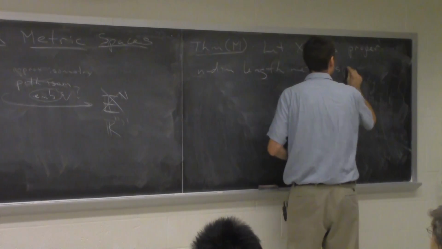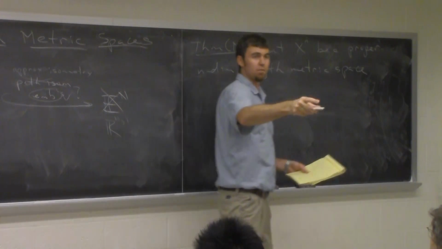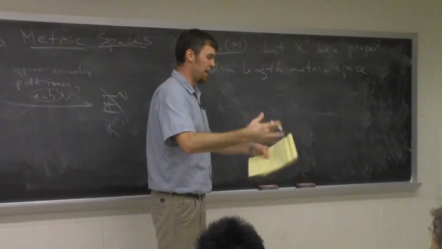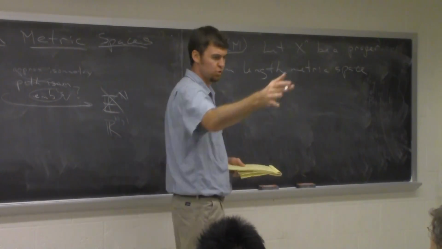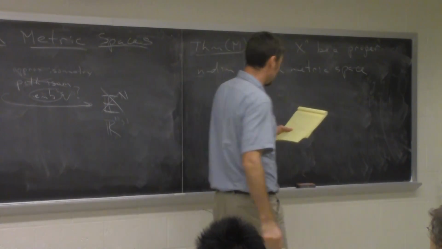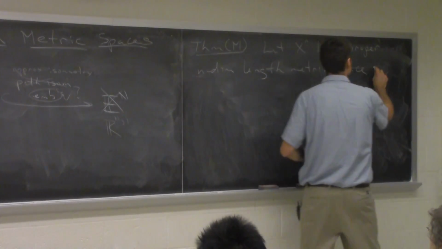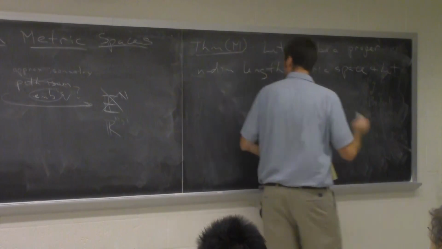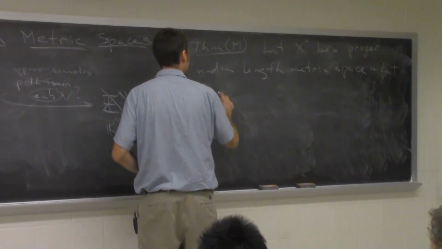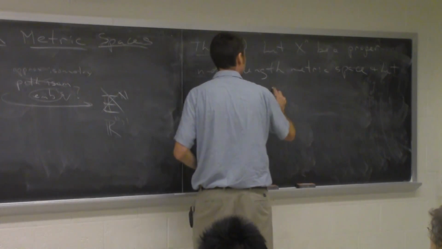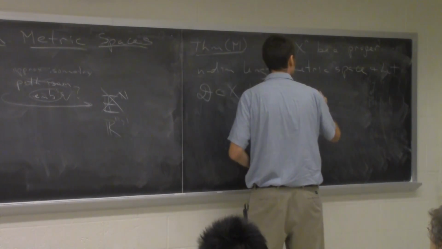Dimensional meaning what? Covering dimension. That's it. Excellent. Any open cover has a refinement that has order n plus 1. Topological dimension. Length metric space, and let D, script D, a subset of X, be any countable dense subset.